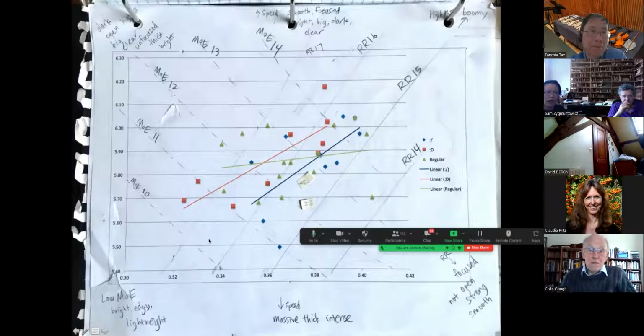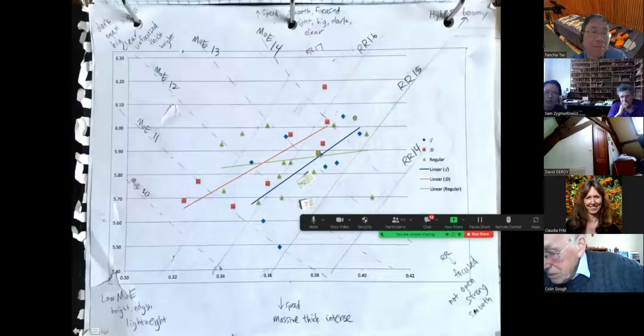With a lower radiation ratio, you get words more often like focused, not open, strong, smooth. With a higher radiation ratio, the words that pop up more often are dark, open, big, clear, unfocused, thick, and bright.